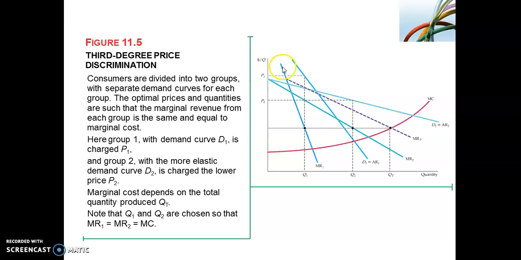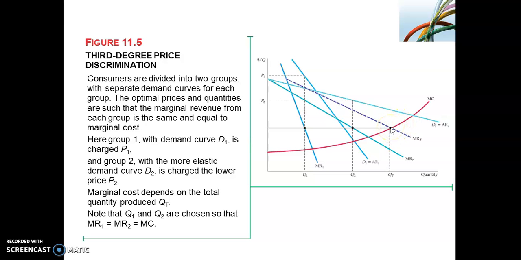Now, the sum of the marginal revenue for group 1 and the marginal revenue curve for group 2 gives us the marginal revenue, the total, which is this dashed line. And where the marginal revenue total intersects the marginal cost is at that point, and this gives us our total output QT, where MR and MC intersect.